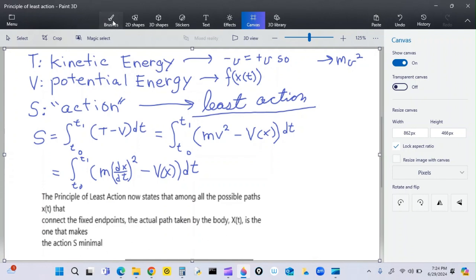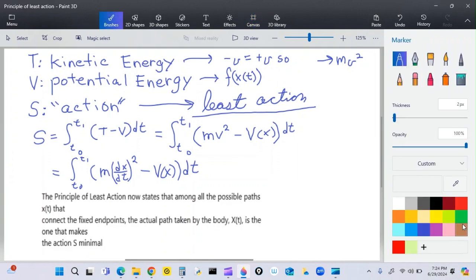Let me do a little bit of drawing here for that. So we want to circle that minimal. So least action or minimal path is maybe the best way to talk about that.